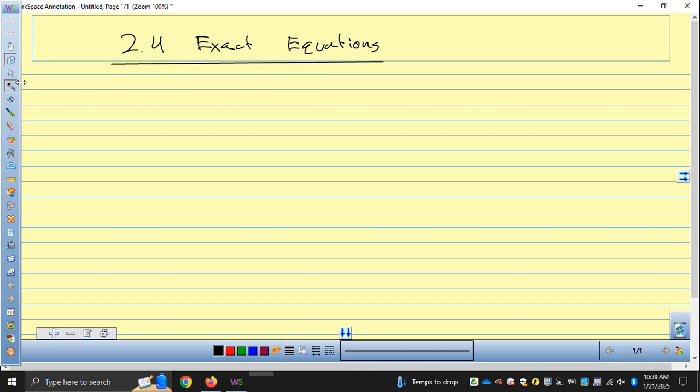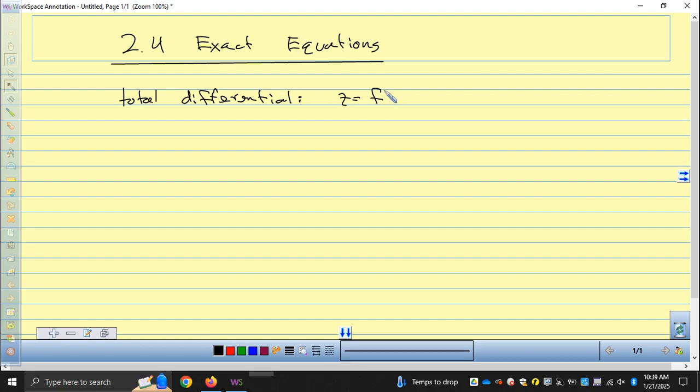All right, so from chapter 13, last semester, we talked about the total differential. This is just a little reminder. The total differential of z equals f of x y, we wrote it as dz, is the partial of f with respect to x dx plus the partial of f with respect to y dy.